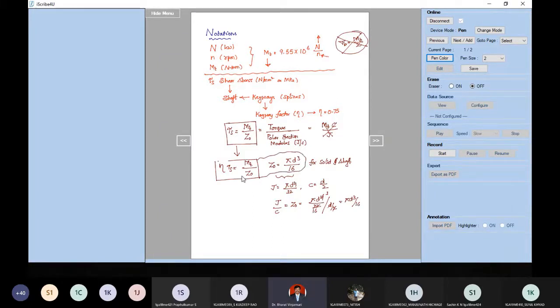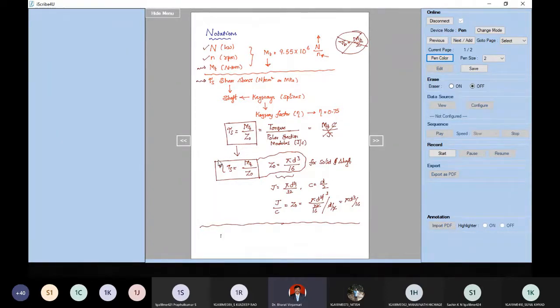This is how I am going to use the second equation. Capital N I know, small n I know, it will help me find Mt. Next, tau s I know. If shear stress is not given, I can use this equation. Where do I use this equation, guys?